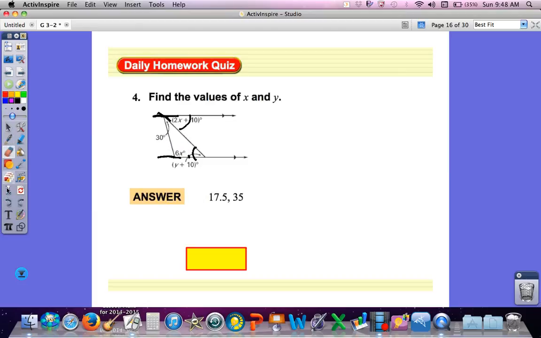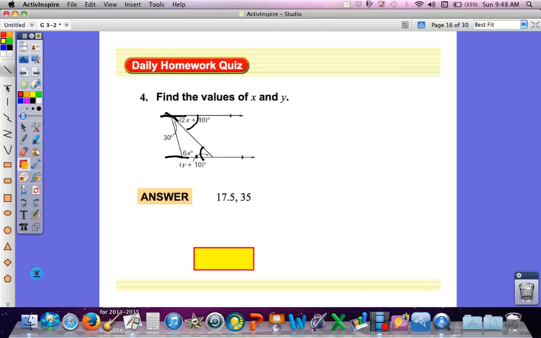So let me go back and make sure you can tell where all of these lines are. This is a parallel line. This is a parallel line. It's actually cut by 2 transversals. Transversal here. And there's a transversal here.